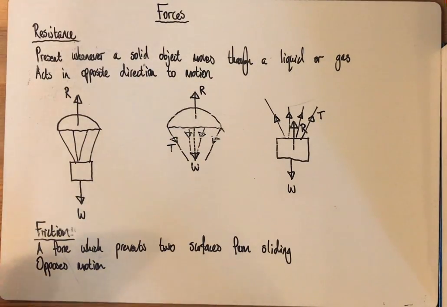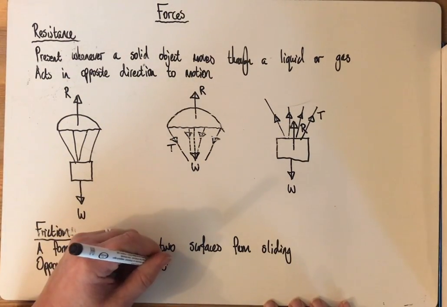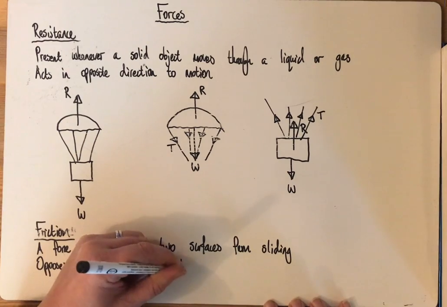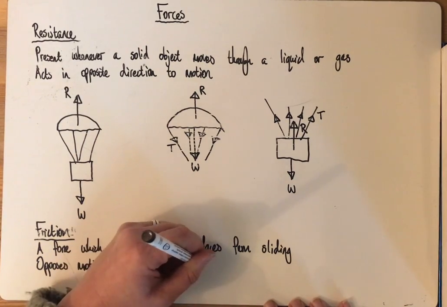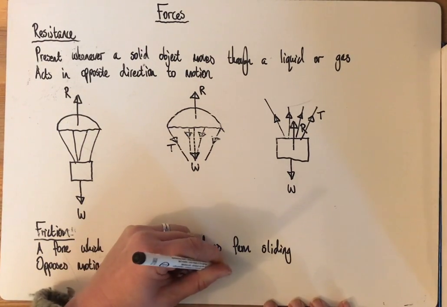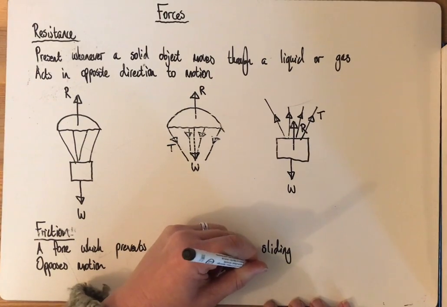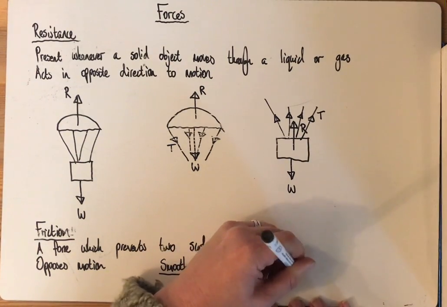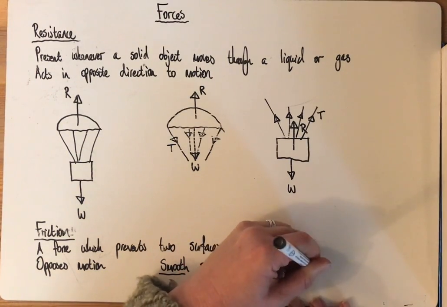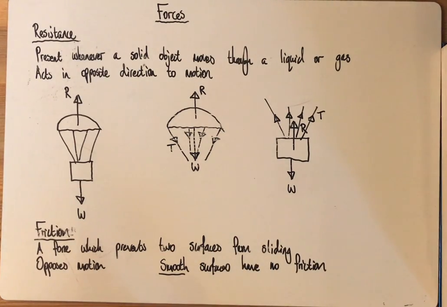And then smooth surfaces have no friction. So there'd be no force opposing motion between the contact of the two surfaces if it's smooth.